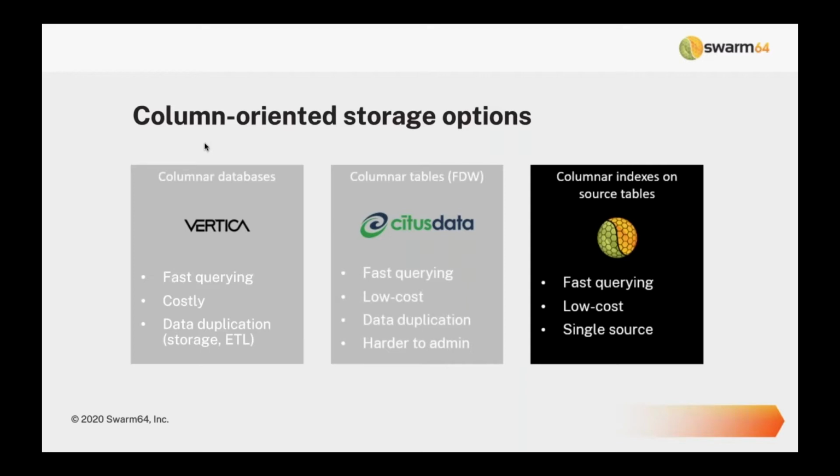Other columnar storage solutions for Postgres also use the foreign data wrapper, like Citus Data is one of those. Again, fast querying. Now you're getting lower cost because they originate within the open source community and are open source. You still have the data duplication, even with the foreign data wrapper.